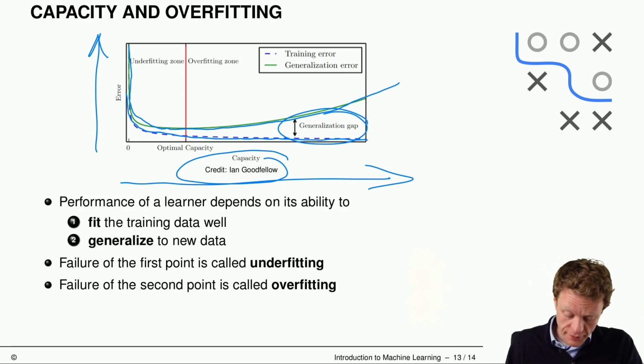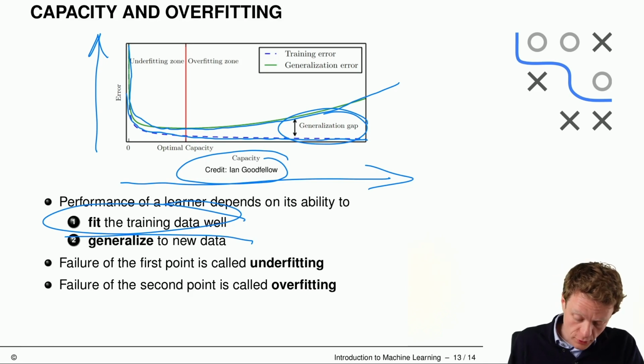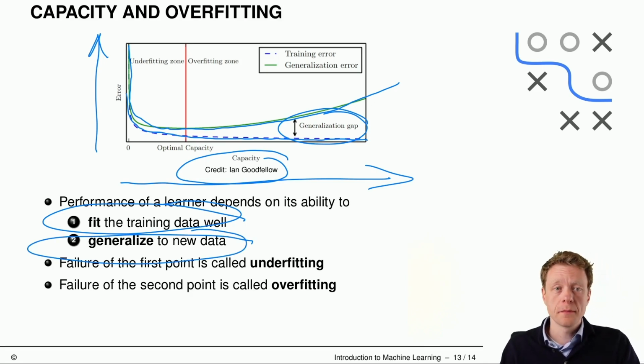So we want learners that fit the training data well, but that also generalize to new data. And that's the holy grail of how to do machine learning correctly, of course. Because if you're too far on the left-hand side, we're underfitting. And if we are too far on the right-hand side, we're overfitting. And both are bad, and we want to find a sweet spot here with the optimal capacity.